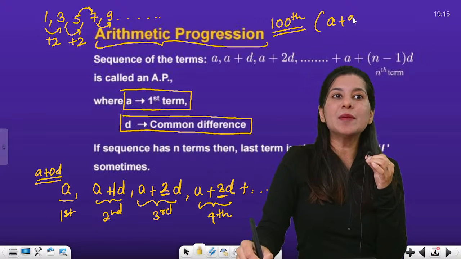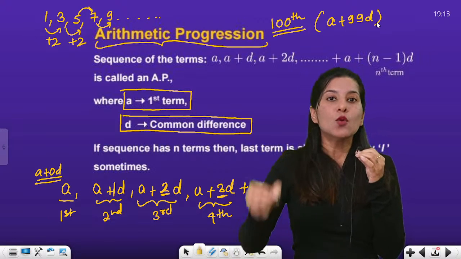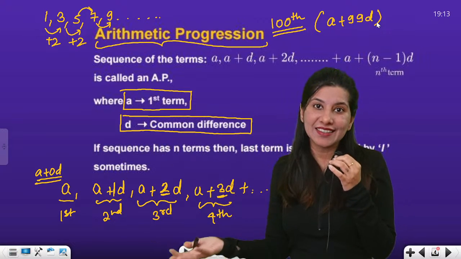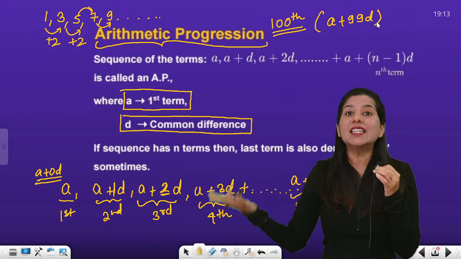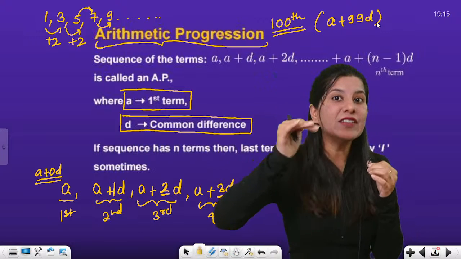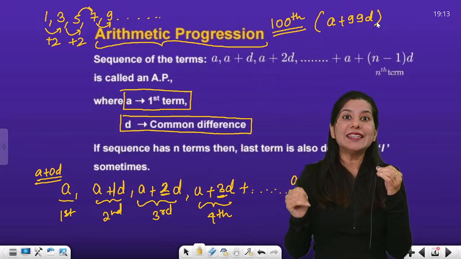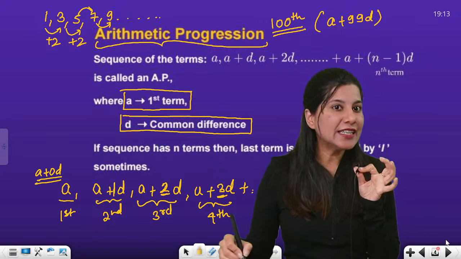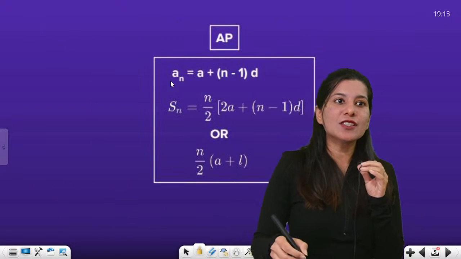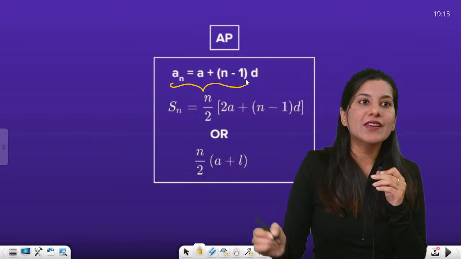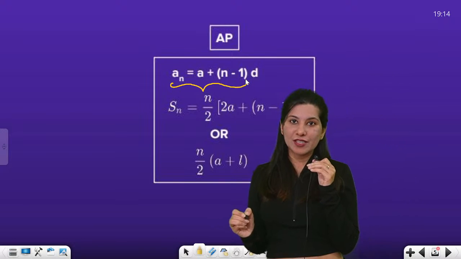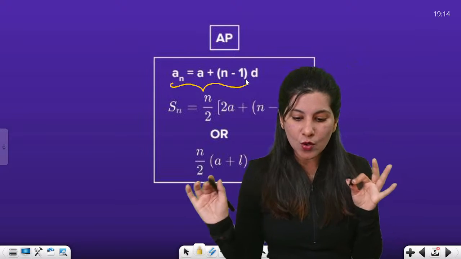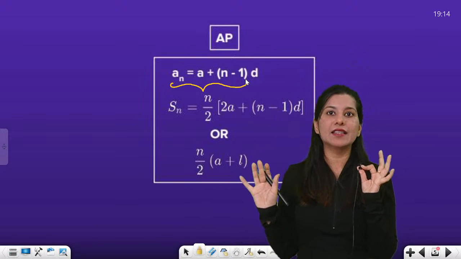Just tell me A plus 99D. What will be the 200th term? A plus 199D. What will be the 10th term? A plus 9D, right? So directly you are going to apply the formula. This is your general term related to arithmetic progression. The general term a_n is A plus (n minus 1)D. I hope everybody is understanding this.